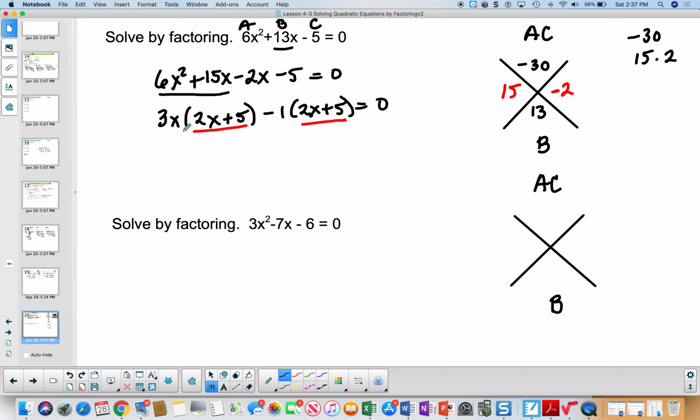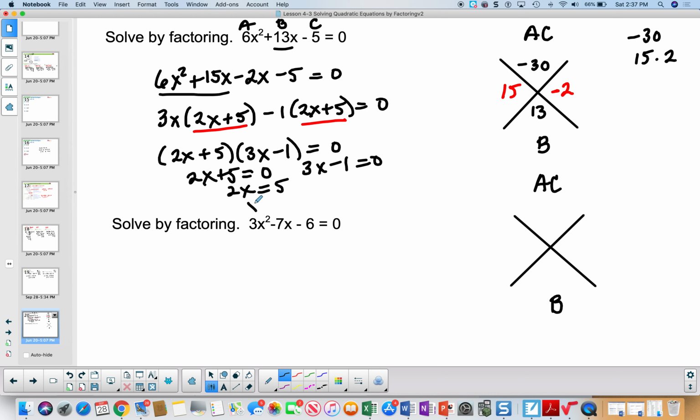So now I can factor it out, 2x plus 5, and what's left is 3x minus 1 equals 0. Now I set each one of these equal to 0, and I get 2x is equal to -5, so x is equal to -5 halves. 3x is equal to 1, so x is equal to 1/3.